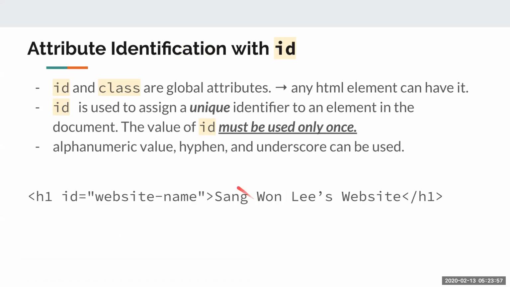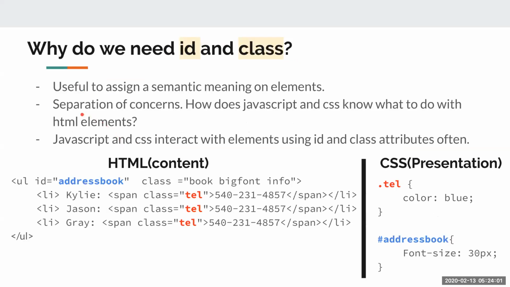But more importantly, ID is necessary for separation of concerns. How do JavaScript and CSS know what to do with HTML elements?